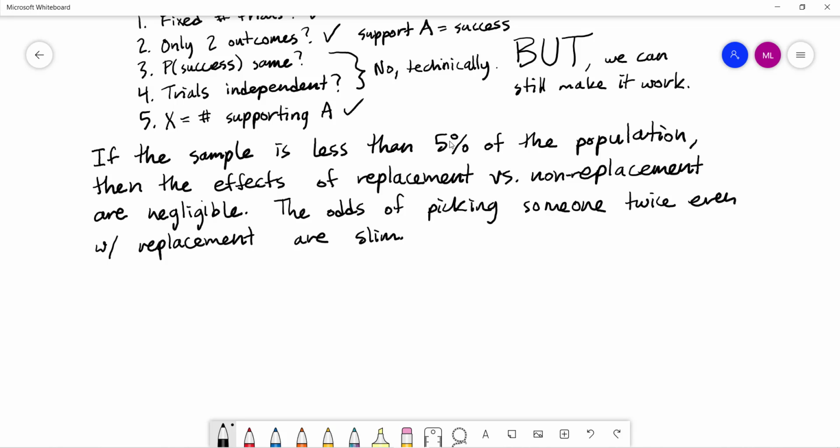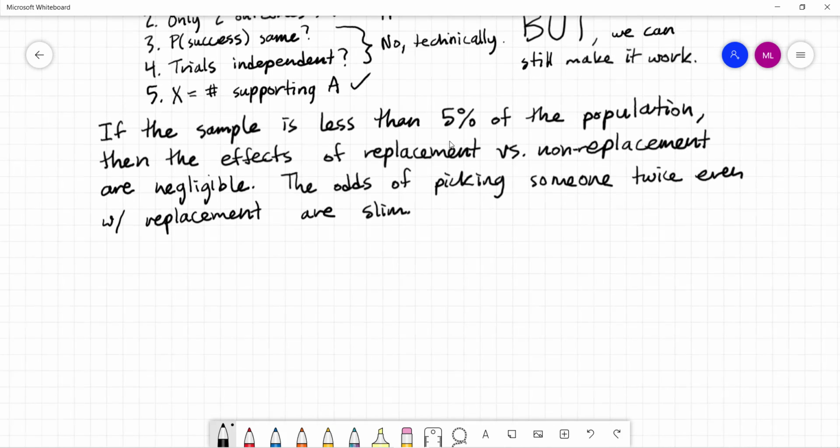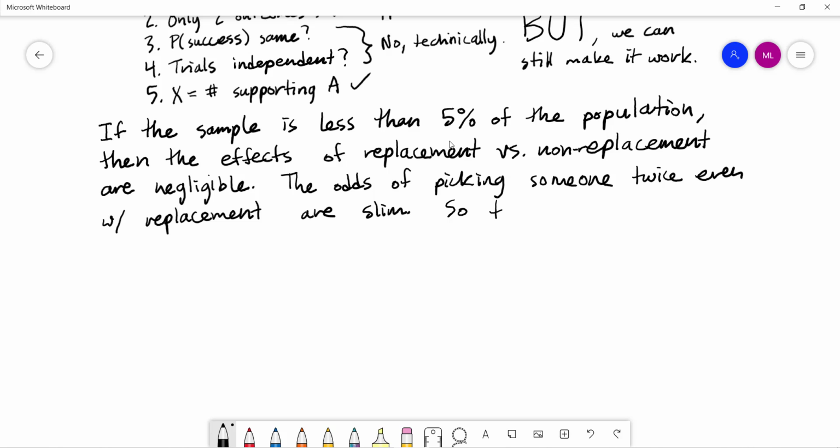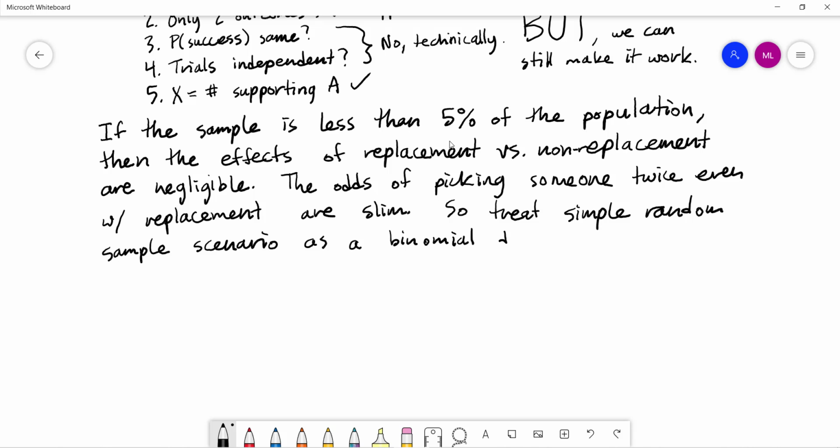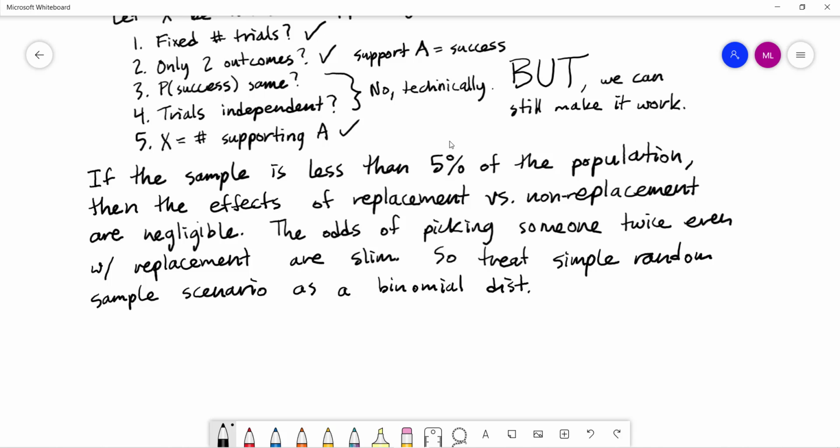And so it's not going to actually affect the end result. So we will treat this simple random sample scenario as a binomial distribution, as long as our sample is tiny compared to the population.